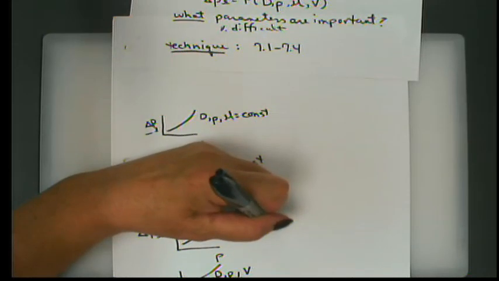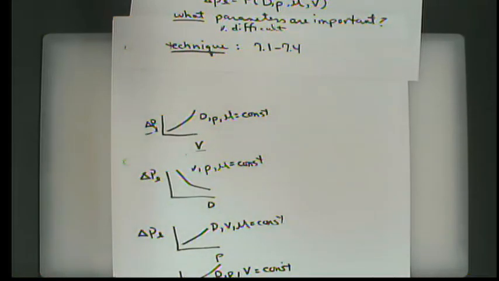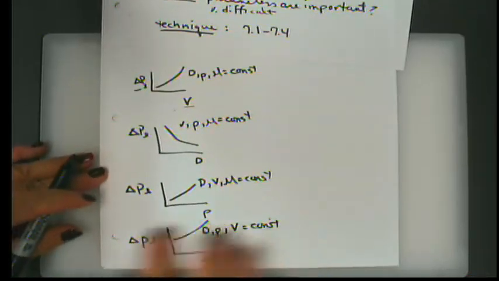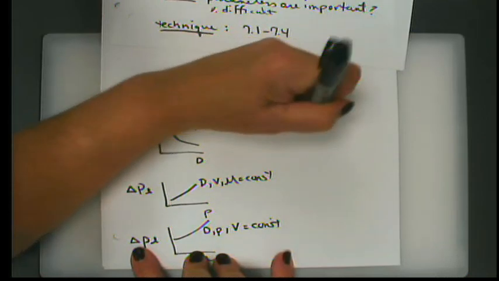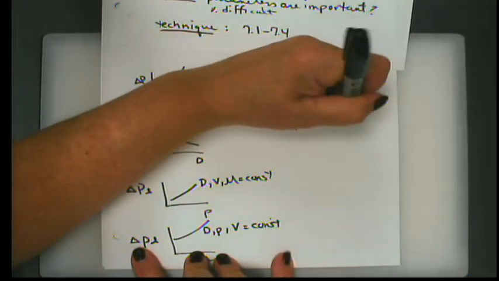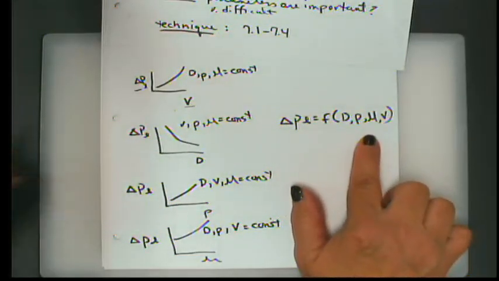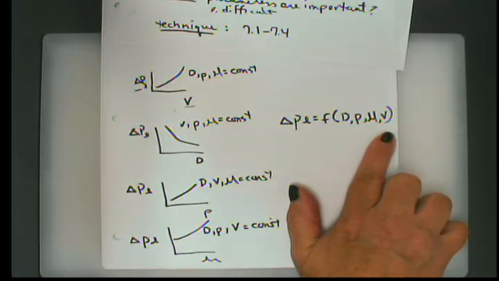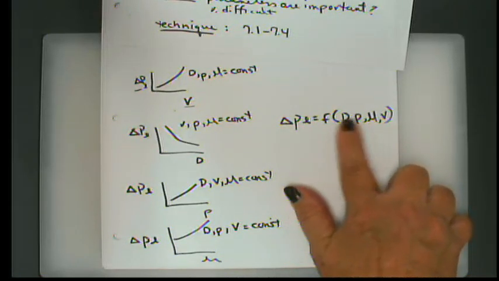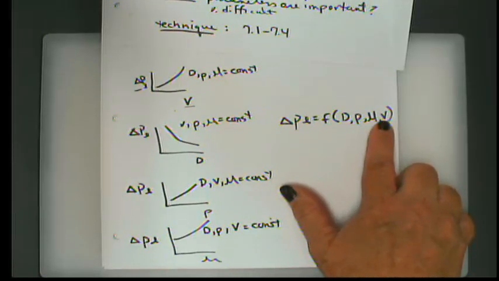Okay. Now, this is interesting, but if instead we could form a group where we would say delta P sub L is some sort of a function of a group of these variables. And if we could then group those variables together, see what the function looks like, and then we could change mu, for example, and d, or we could keep rho constant and change the velocity.